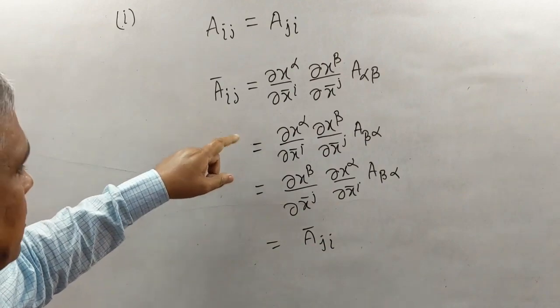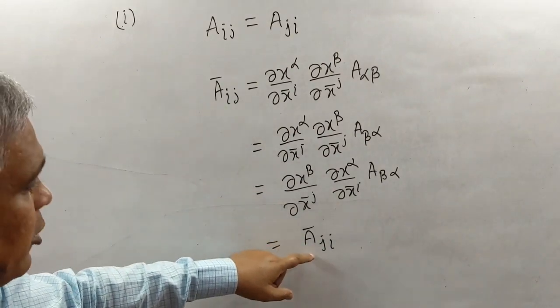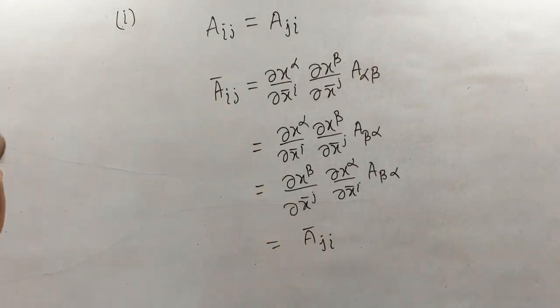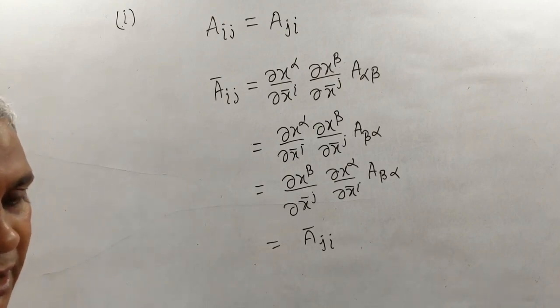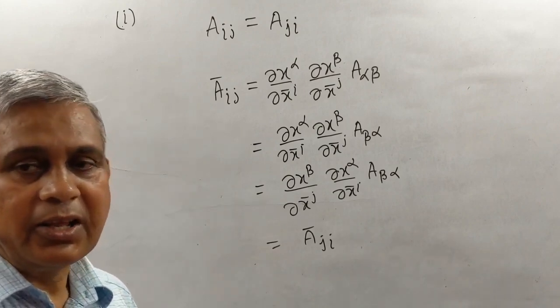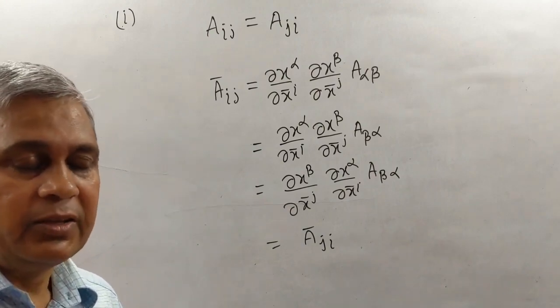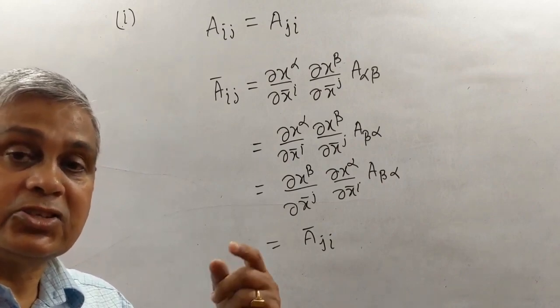Therefore, the tensor is symmetric in X bar system of coordinates. A bar ij equal to A bar ji. Next, we will discuss that if a tensor is skew symmetric in a system, then it is skew symmetric in other system of coordinates.